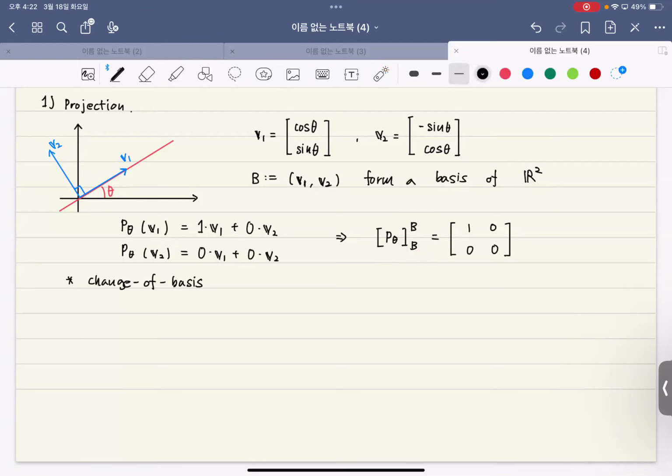Just like this. My V1 is defined as cosine, sine, so it is cosine times E1 plus sine times E2. And likewise, V2 is minus sine E1 plus cosine E2.